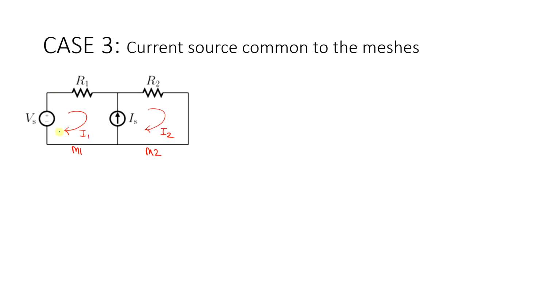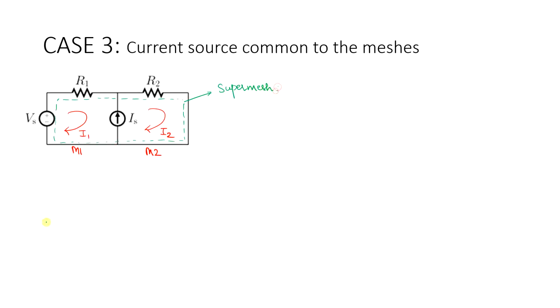The super mesh will always be drawn around the current source, when the current source is shared between the two meshes.